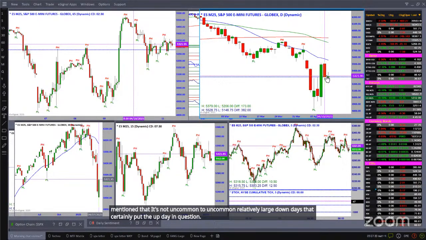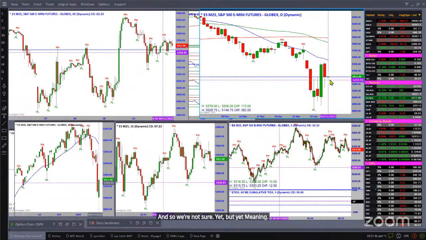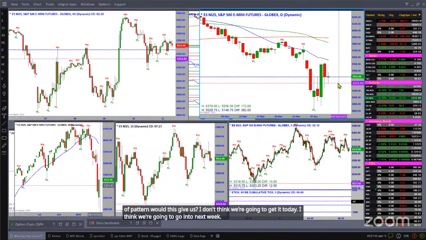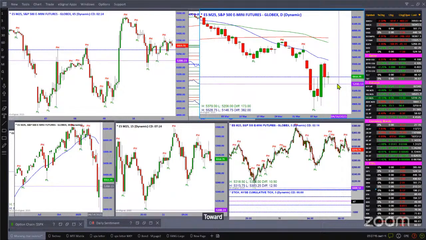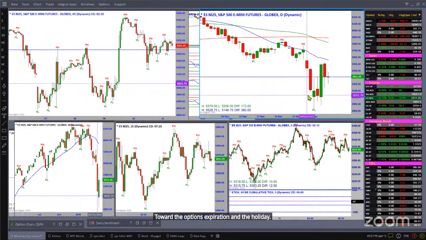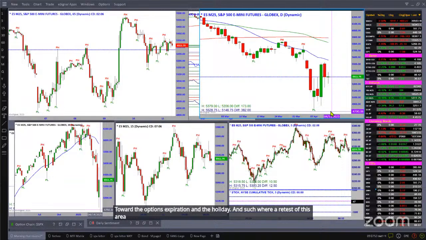And so we're not sure yet, meaning, will this go sideways? What kind of pattern would this give us? I don't think we're going to get it today. I think we're going to go into next week, toward the options expiration and the holiday and such, where a retest of this area, maybe a break of the low, is in store.